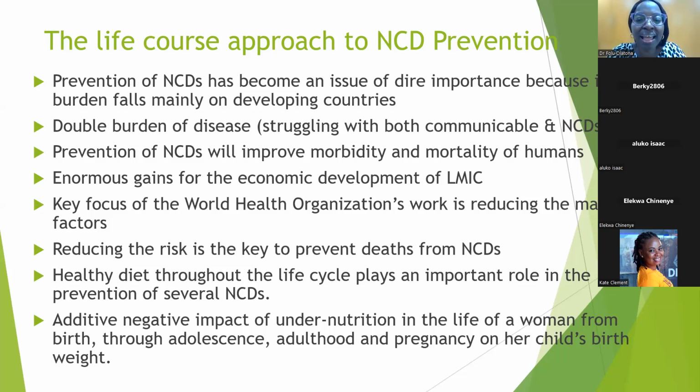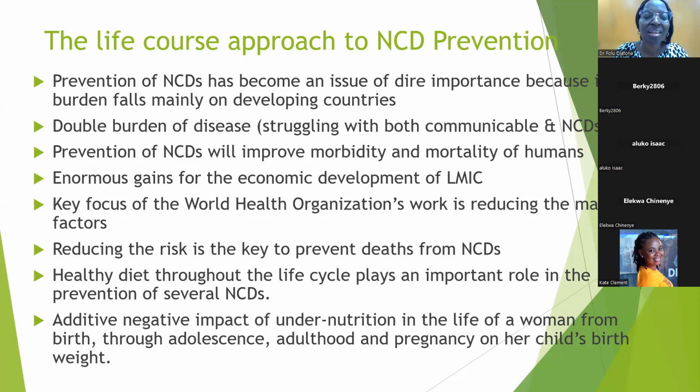Healthy diet throughout the life cycle plays an important role, and that's what we're concerned about in this lecture. Another person will be teaching you tobacco, alcohol, but I'm focusing on healthy diets. If we can ensure healthy diets at every stage of life, then we can prevent a lot of non-communicable diseases.